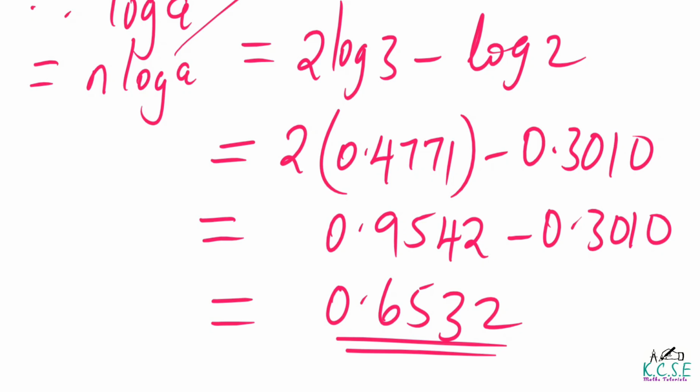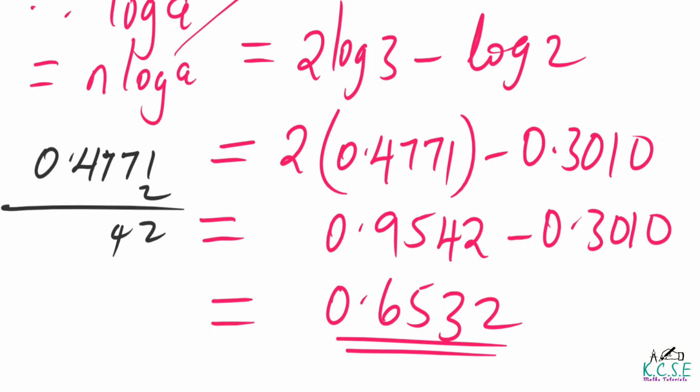So that is how you're supposed to work out these. Another thing that is very important is to show the workings. Remember, you're not supposed to use the calculators or the mathematical tables, so it is always good to have the workings. You have to indicate how you've multiplied these: 0.4771 multiplied by 2 is 0.9542.